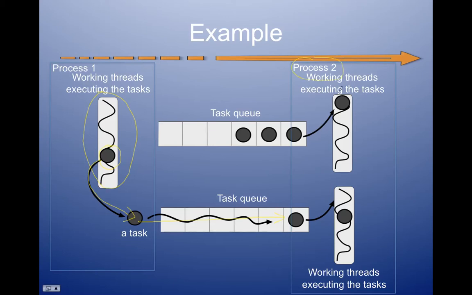Process 2 has two threads, one for each queue, and when the thread is done with a task, it will pick up a task in the queue and execute it. And everything is done when the queues are empty and there is no more task anymore.